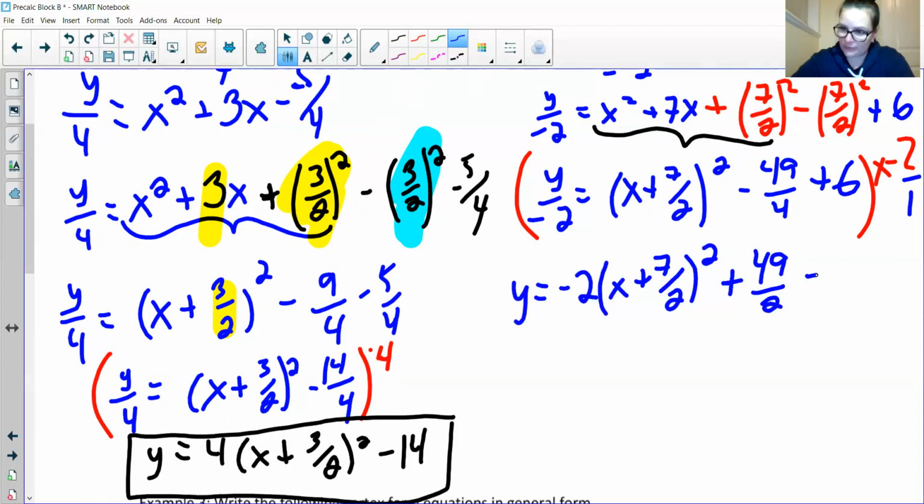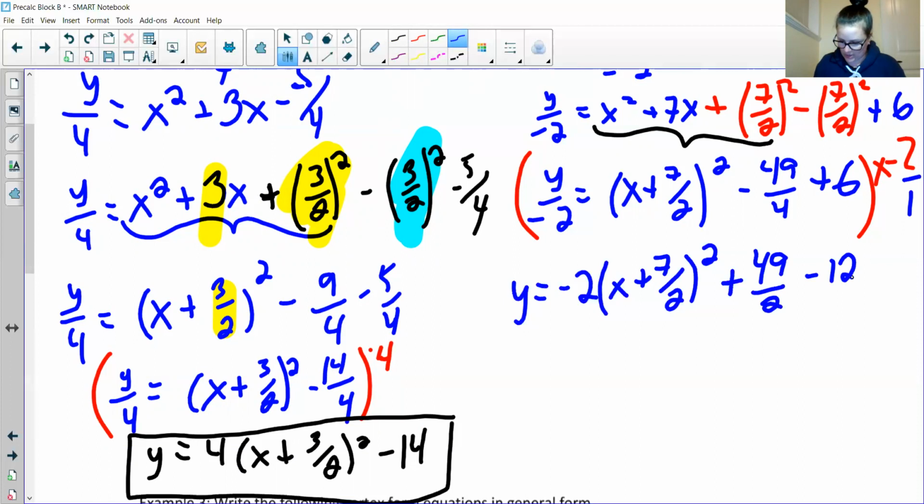Minus 12. And that's really, I just changed 4 on the denominator to 2 times 2. And then, so it was going to be 49 over 2 times 2. And then the top was going to have a times 2 as well. So one of the 2's on the top and the bottom canceled out, leaving me with 49 over 2.